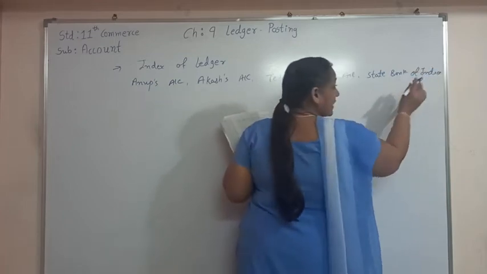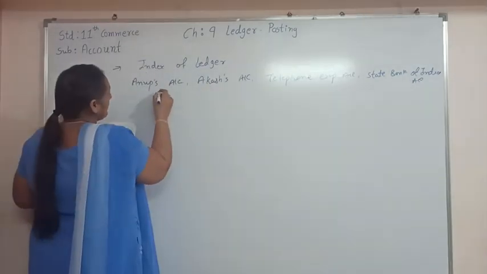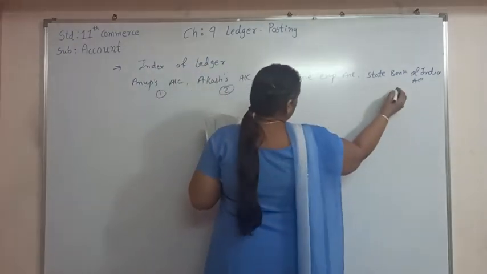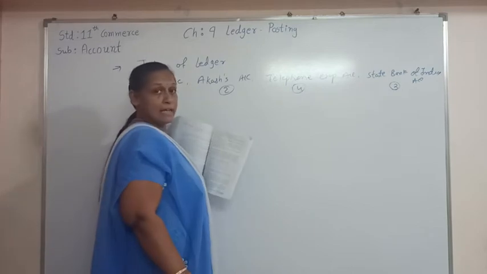So here we can know that in alphabetical order, Anup will be first, Akash will be second, State Bank will be third, and fourth will be the telephone expense account.